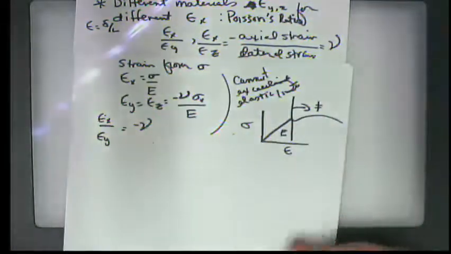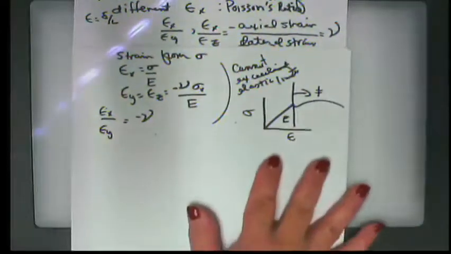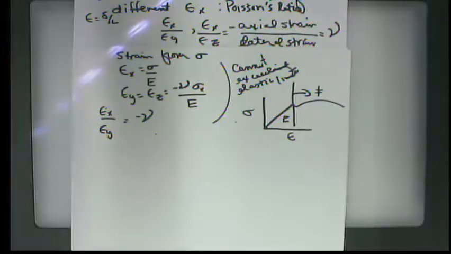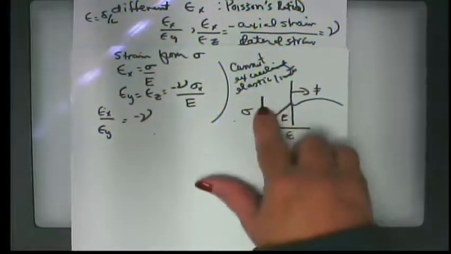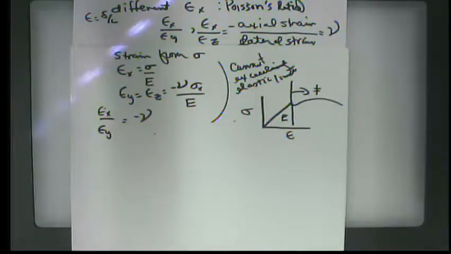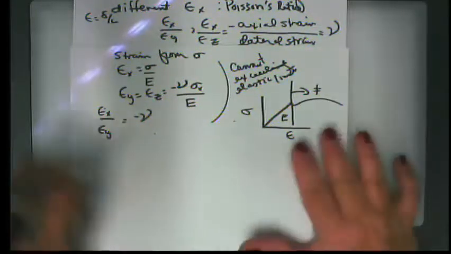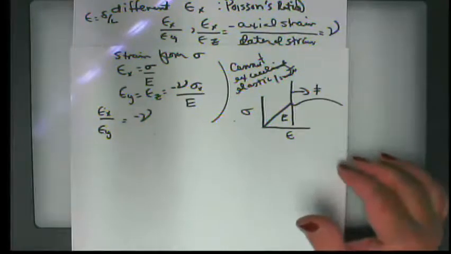It only works over here in the elastic region. But that's an underlying assumption of everything that we do in this class. We're really only designing in the elastic region.